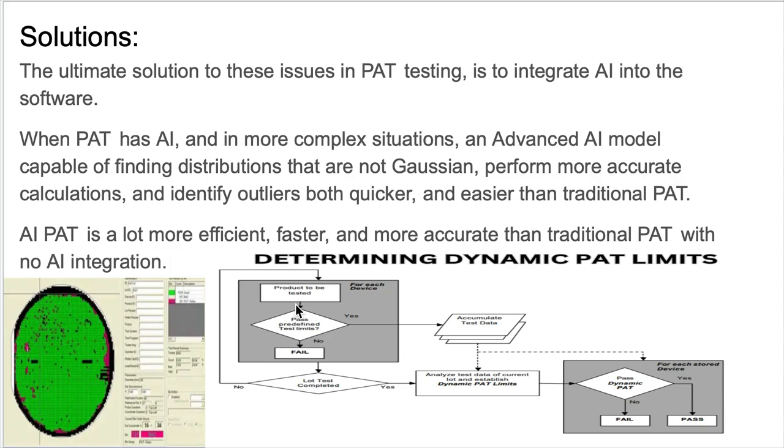If it's a fail in the first place, like in the first test, it goes to this part called the lot test completed, and if that also fails, then the cycle restarts. But if it continues, then it goes on to the second step, and this could eventually also turn into a pass as well.